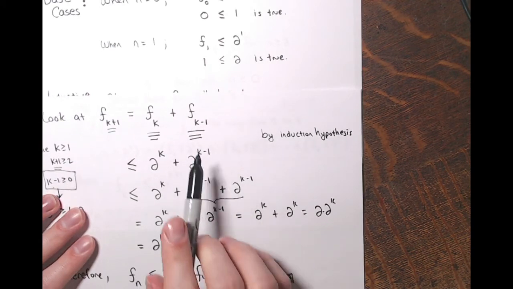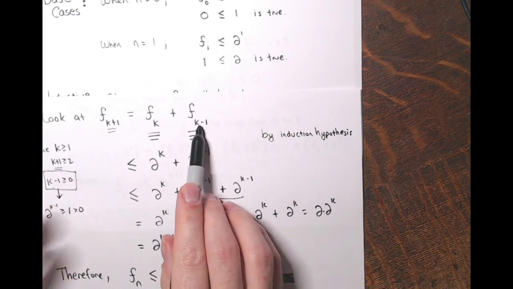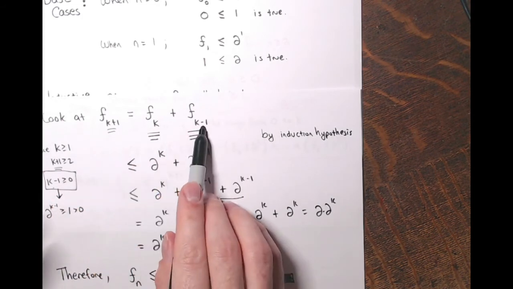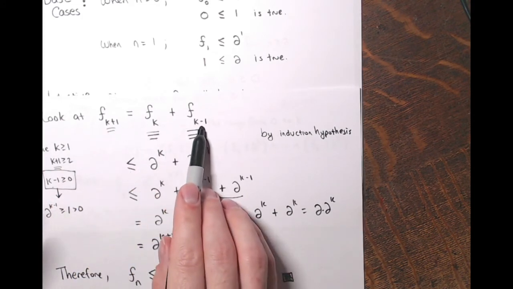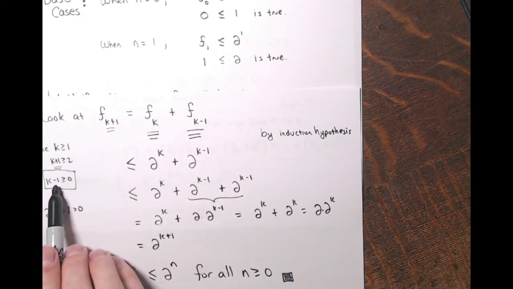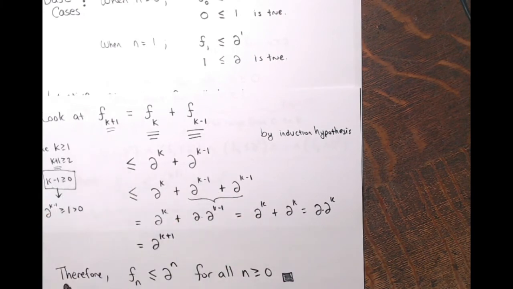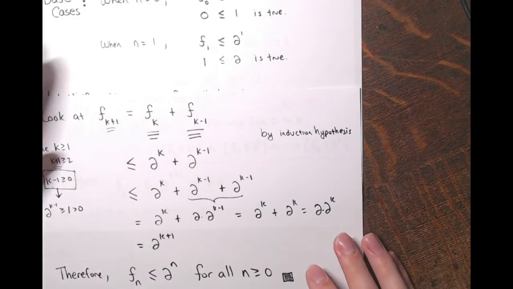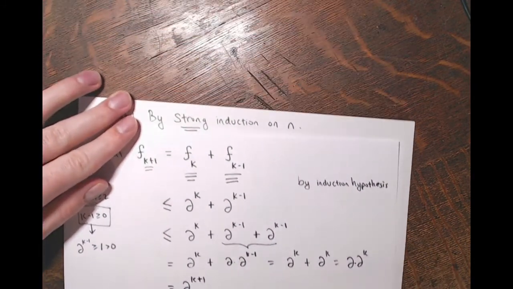You've got to figure out when a value is not satisfying what you're trying to look at. I want all my subscripts to be greater than or equal to 0. So k minus 1 needs k to be greater than or equal to 1, not 0. So I need to have base cases up to 1, not just the first base case. It takes some practice, it takes some doing. And we'll look at another example of something like this in a minute.